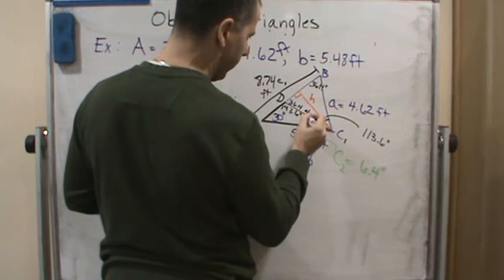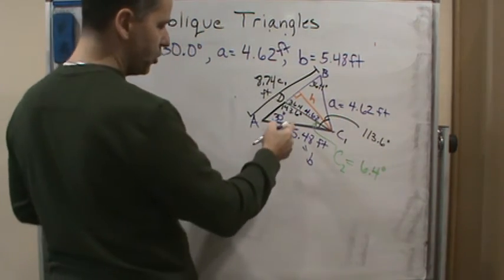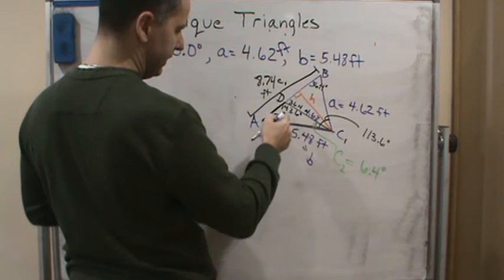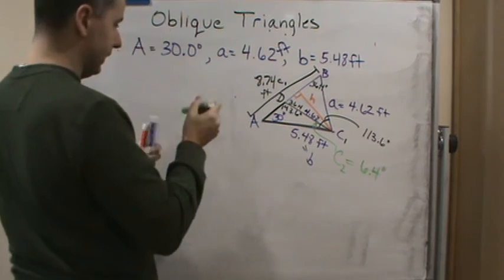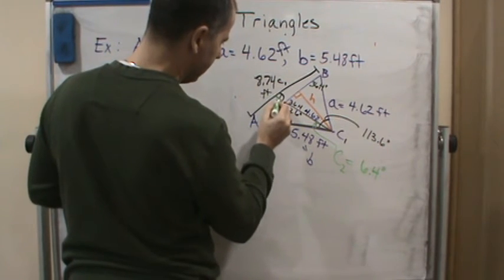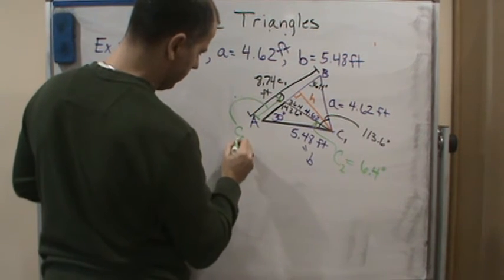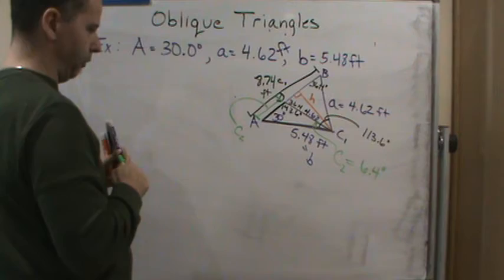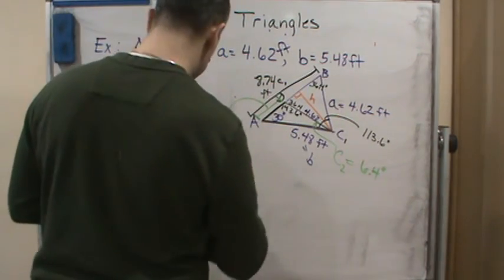So 4.62, because it's the same. The only thing that's changed is these angles and side C2.